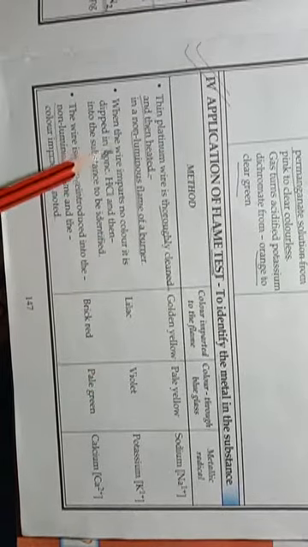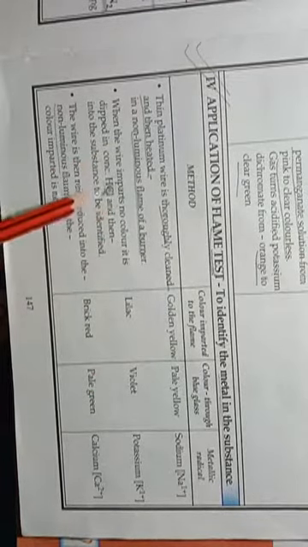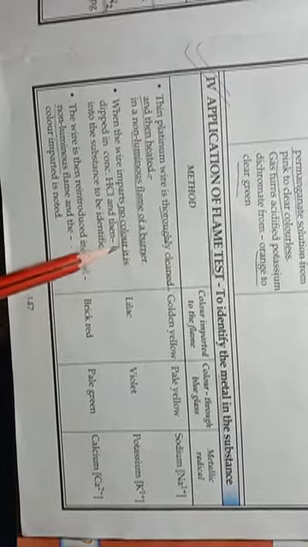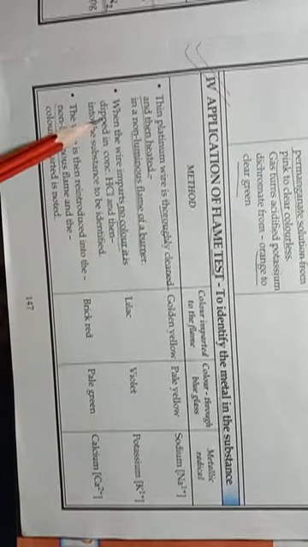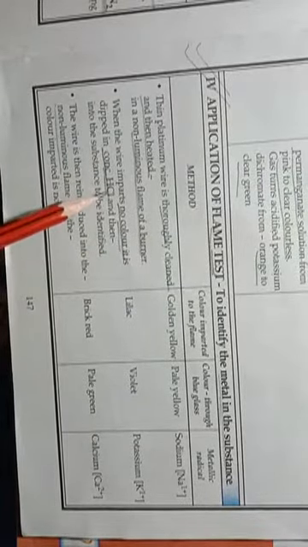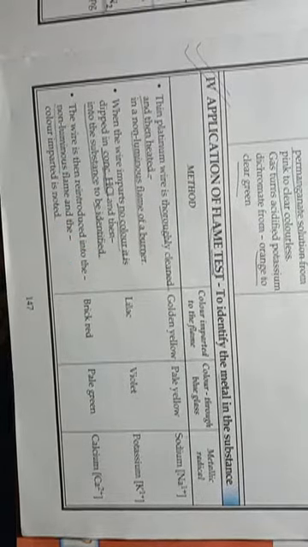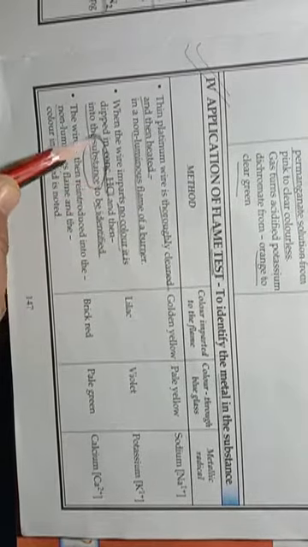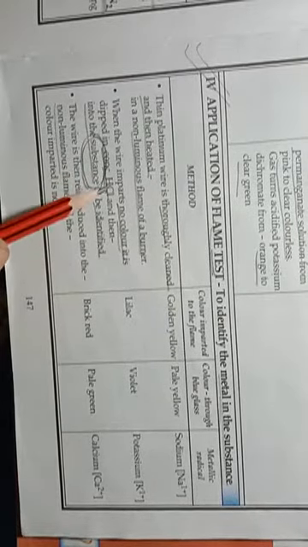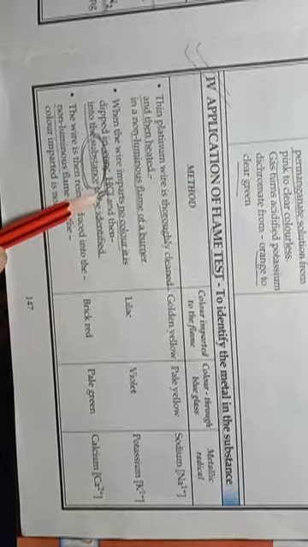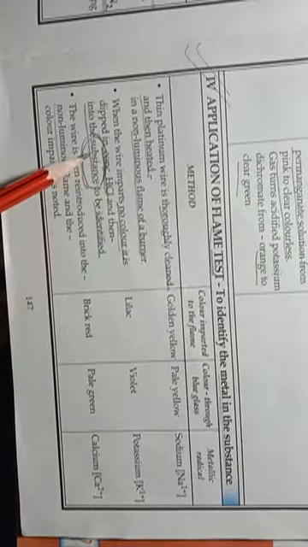After that, when the wire imparts no color, it is dipped in concentrated HCl, and after that into the substance to be identified. So our substance must be a metallic salt. After dipping in concentrated HCl, we dip that platinum wire in the given metallic salt.